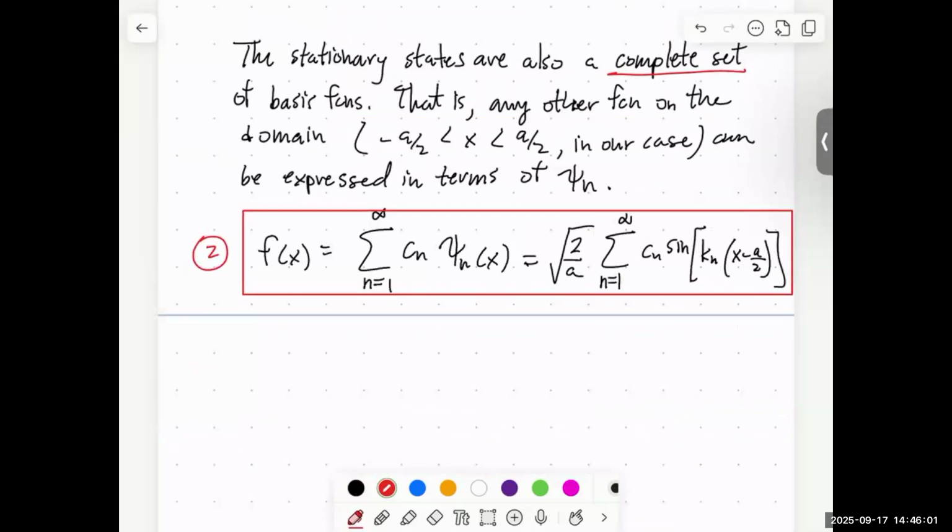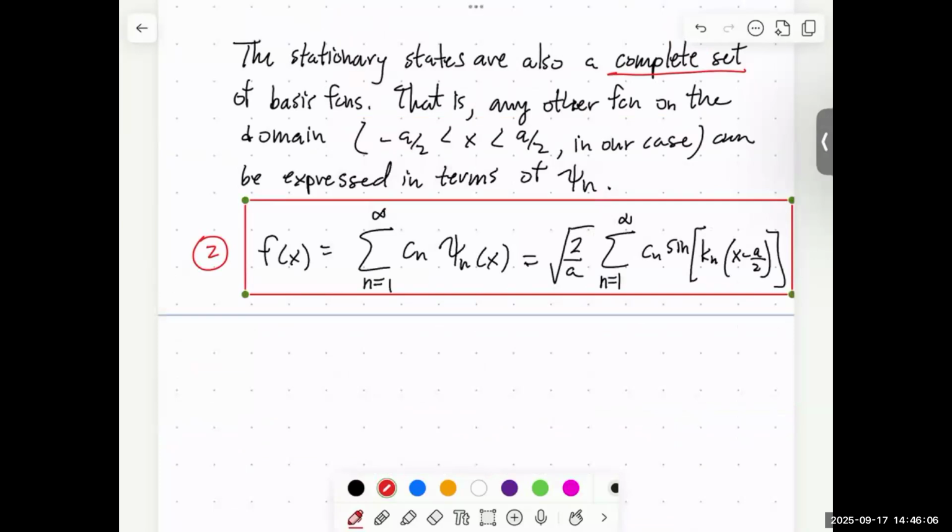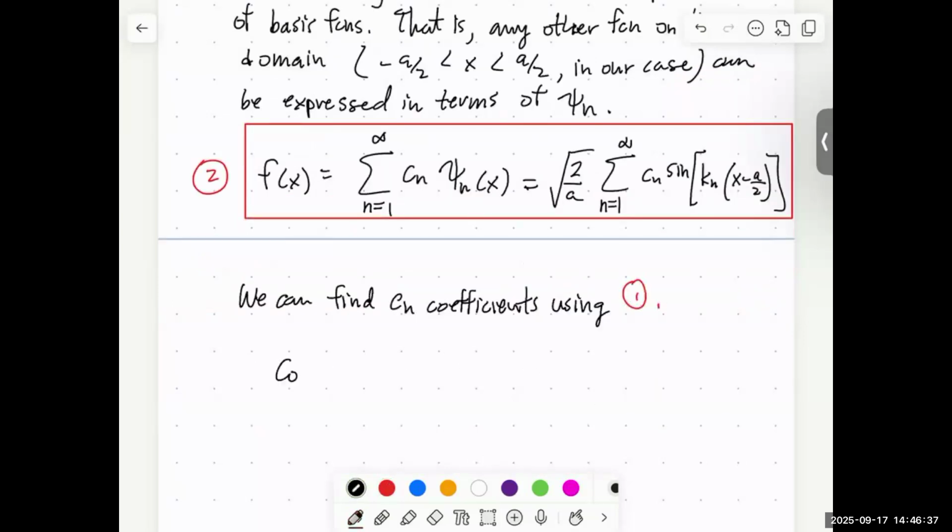All right. What I want to show you is that it's actually not so difficult to find these Cn coefficients. We're going to use our orthogonality, equation 1, to find the Cns. To see how, let's consider the following.